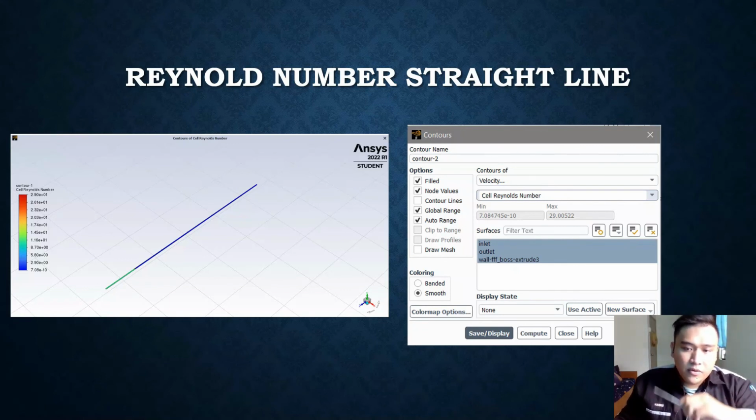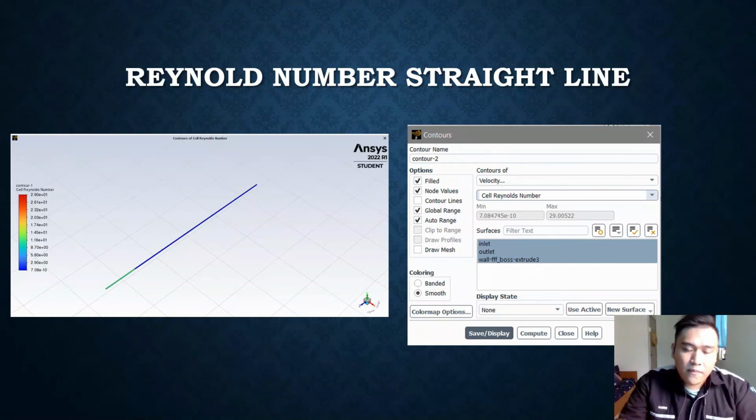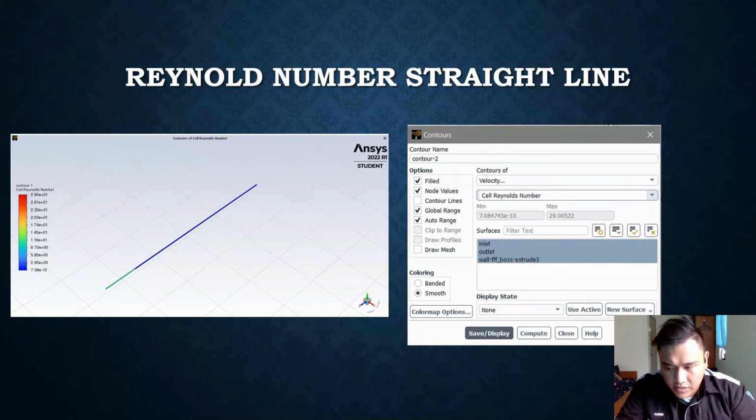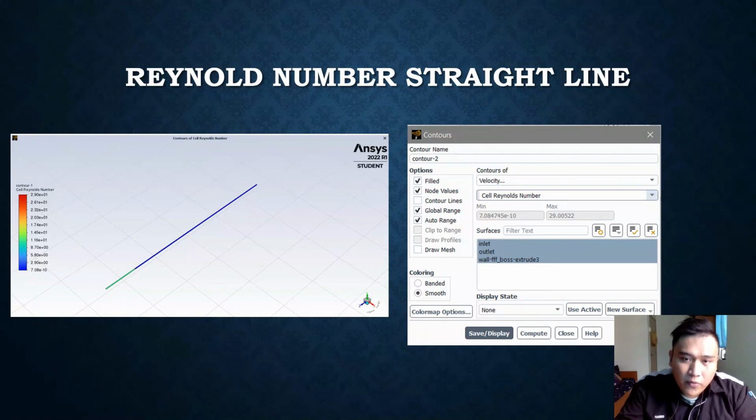And as you can observe from the graph, the water flows slowly because there is no traction or bend to easily affect the flow of the water.